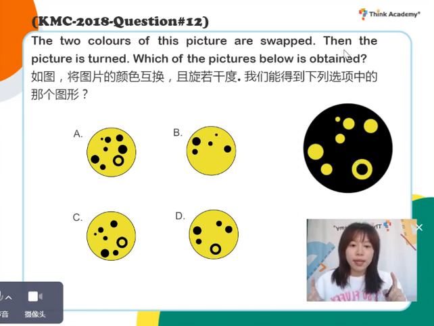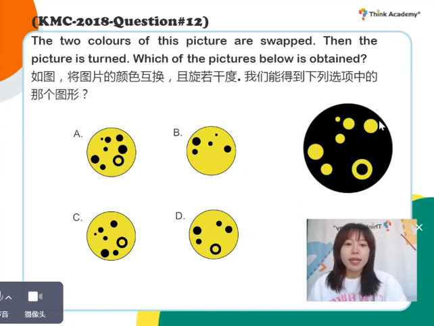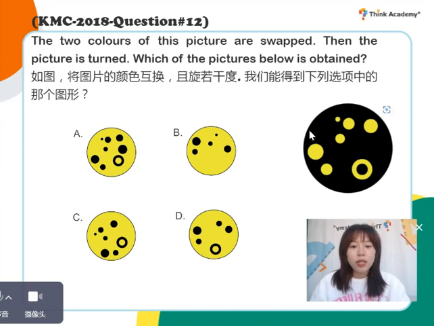Now we know what the swap means. Then the picture is turned. Which of the pictures below is obtained? So that means when the colors are swapped and we change the angle, can you find the same thing?